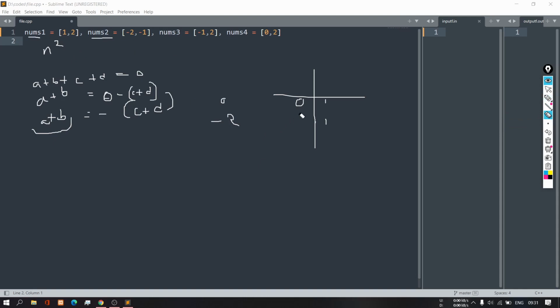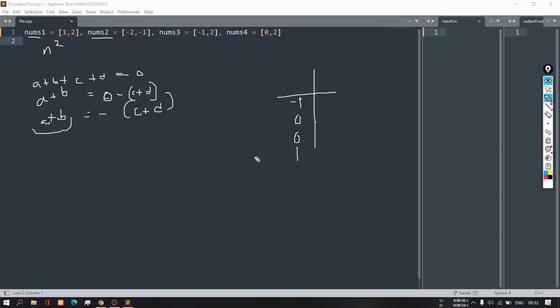Here we have to take all the combinations. So it is 1 minus 2, it is minus 1, then 1 minus 1, it is 0, 2 minus 2, it is again 0, and 2 minus 1, it is 1.